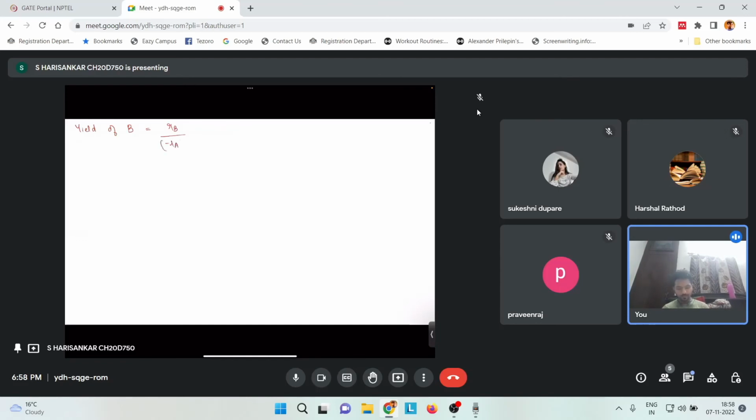If we expand this, the yield of B will be RB, that is K1Ca minus K2Cb, by minus Ra, that is K1Ca. Here the known values are the reaction rate constants K1, K2 and the denominator also K1. So to find the yield of product B, we need to find the concentrations Ca and Cb.